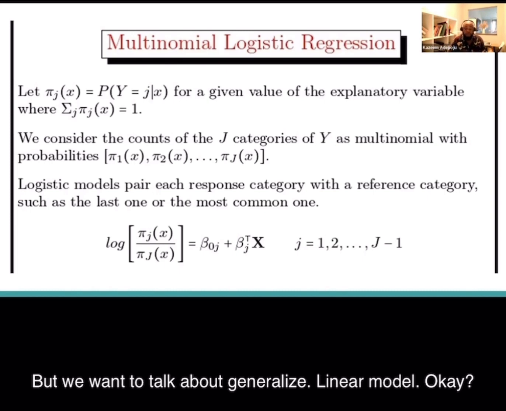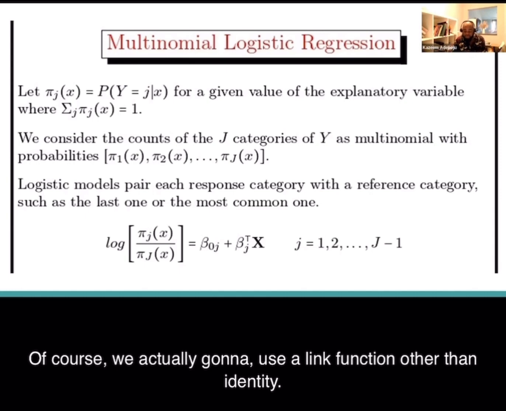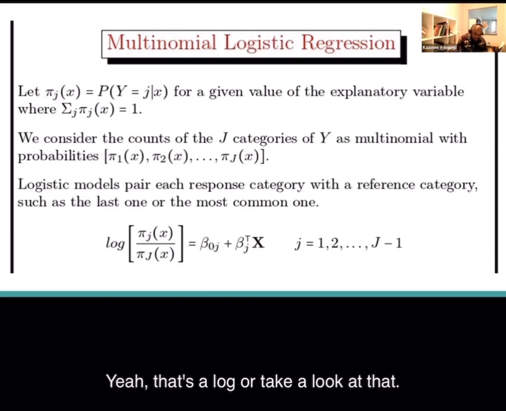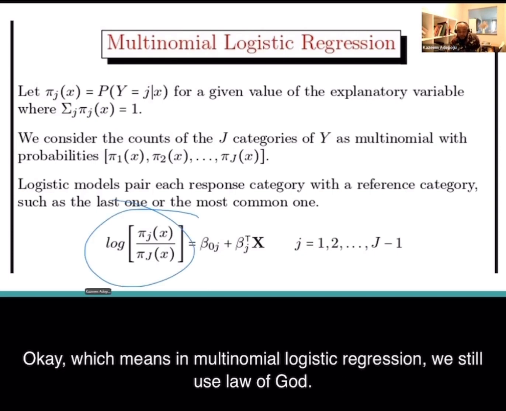But when we want to talk about generalized linear models, of course, we are going to use a link function other than identity. That's why you can see the link function we're using here. That's a log, which means in multinomial logistic regression, we still use log.